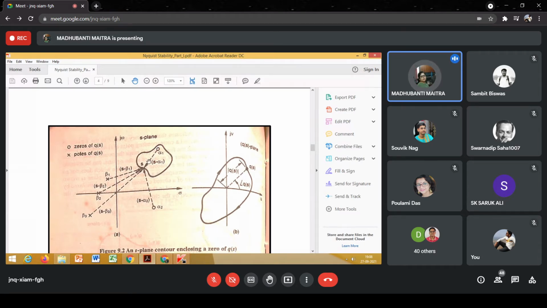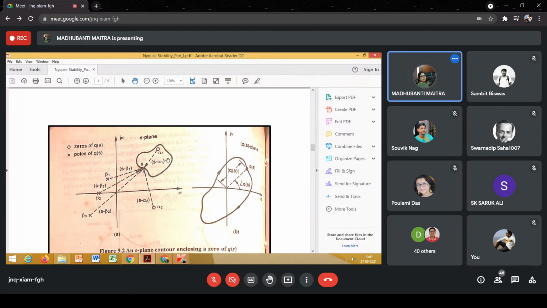And from the figure, it's clear that one zero of Q(S) is being enclosed by the S-plane contour, while the rest of the zeros and poles of Q(S) lie in a region which is not enclosed by this S-plane contour.